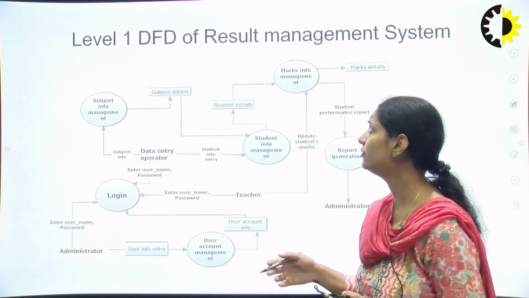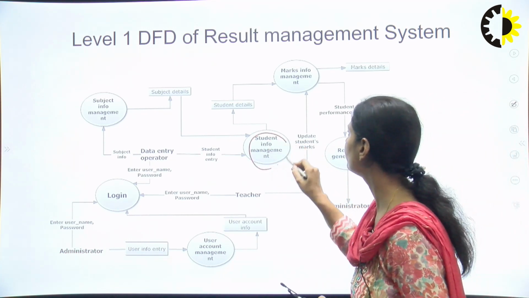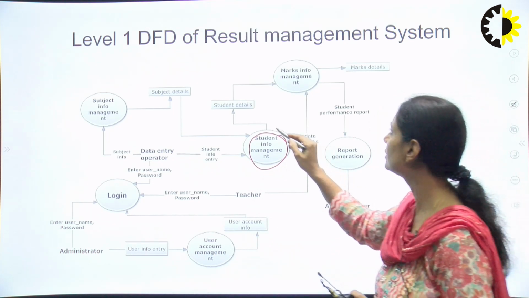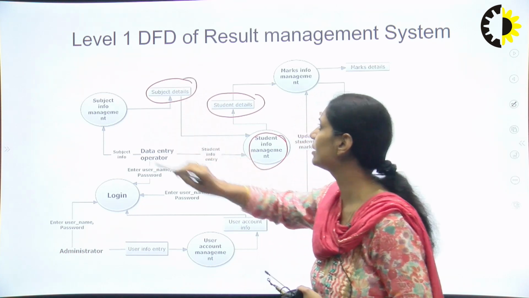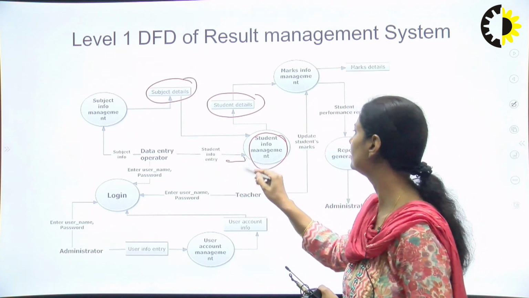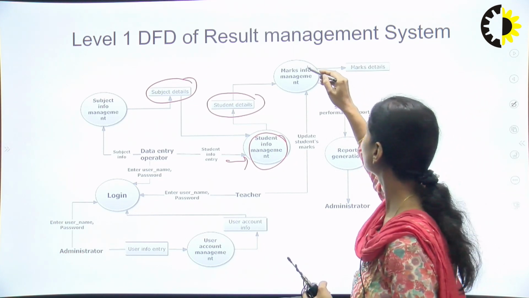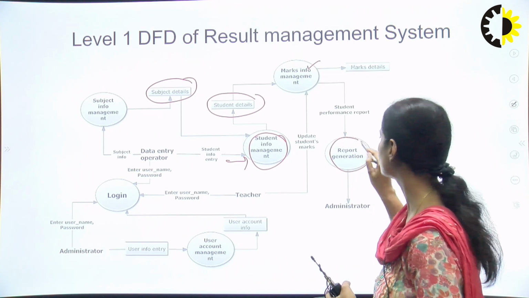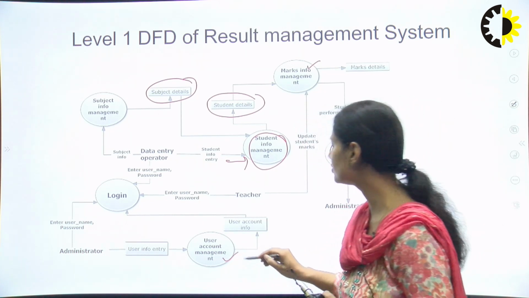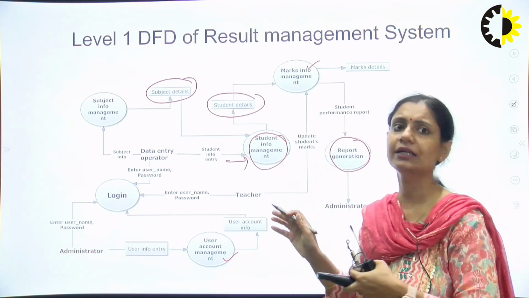In the level 1 DFD, this is the student info management system, wherein student details is a repository and subject details is a repository, and these are the links that are coming. The marks info management system is interacting with this, report generation is being done, and user account management is being made. This is how a detailed DFD looks.